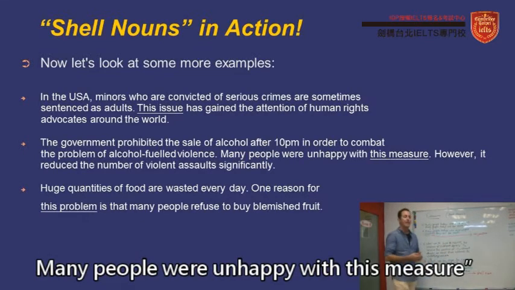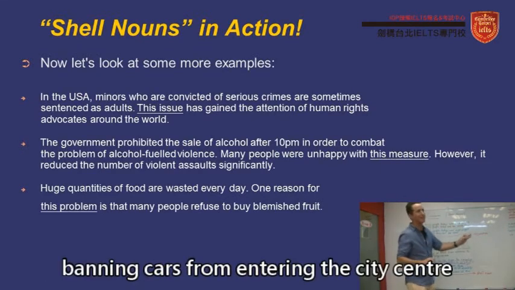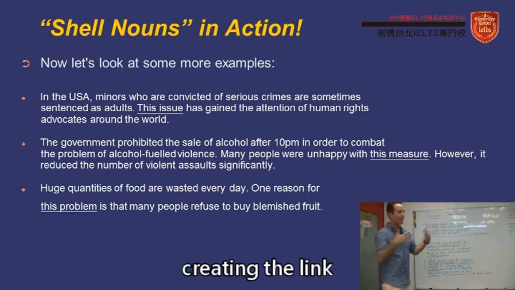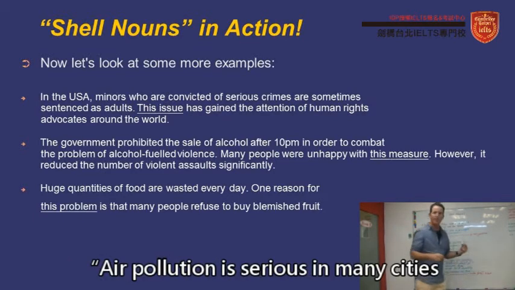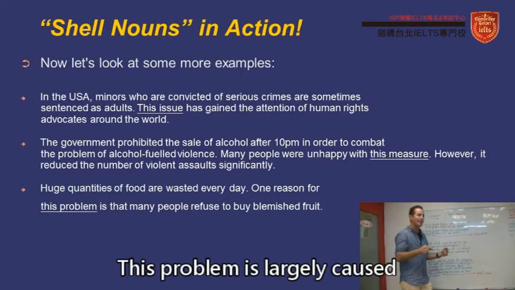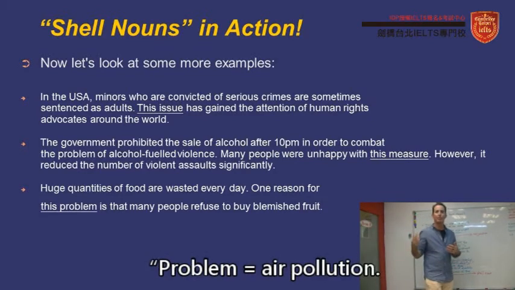Many people were unhappy with this measure. This measure means banning cars from entering the city centre, creating a link. Third example, air pollution is serious in many cities. This problem is largely caused by private car use and heavy industry. Problem, air pollution. Okay.